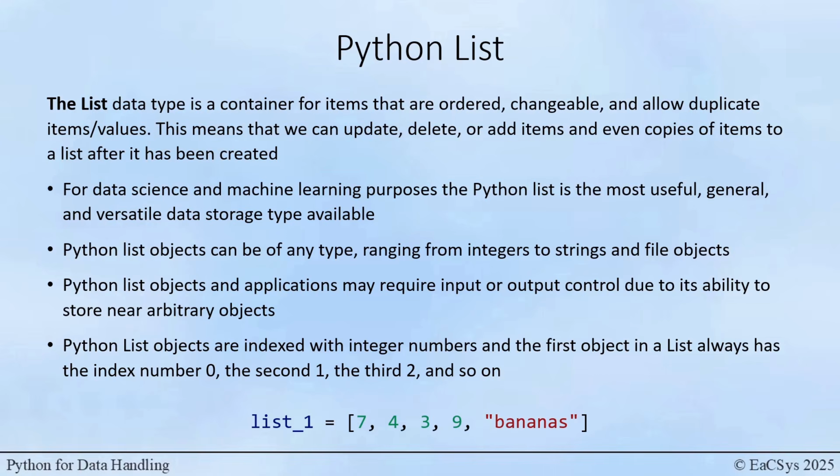So the technical properties of the list are that list items are indexed with integer numbers and that the first item in a list always has the index number 0, the second 1, the third 2, and so on. Lists have the advantage that we can address a position in the list by referring to an integer number. And Python creates lists through items separated by commas within brackets.